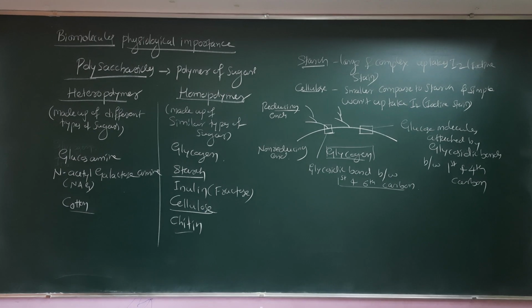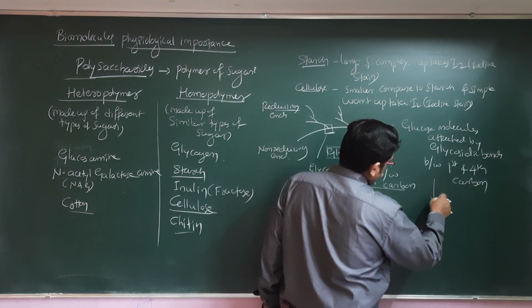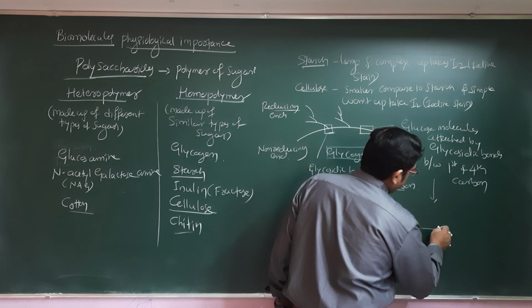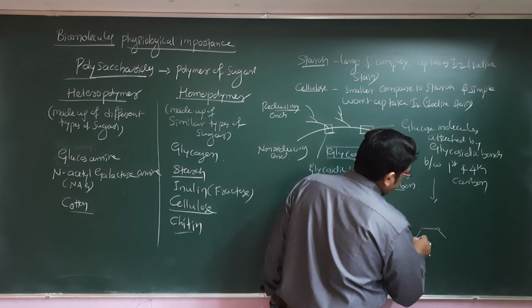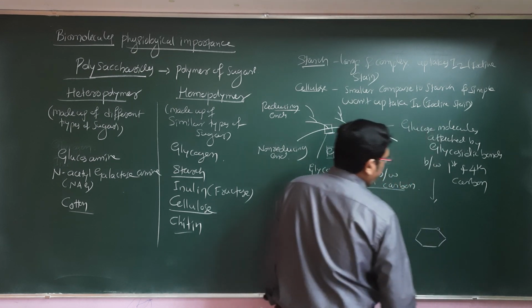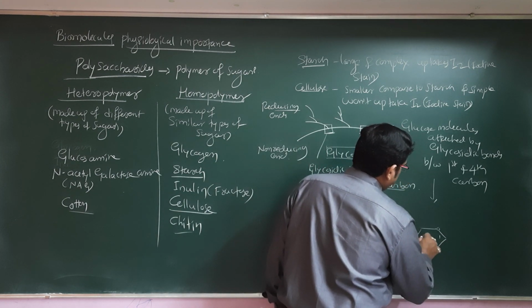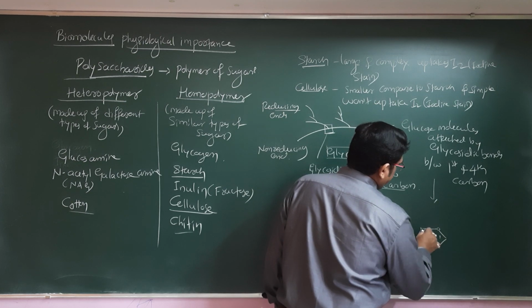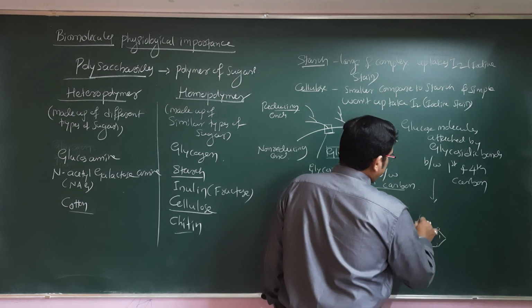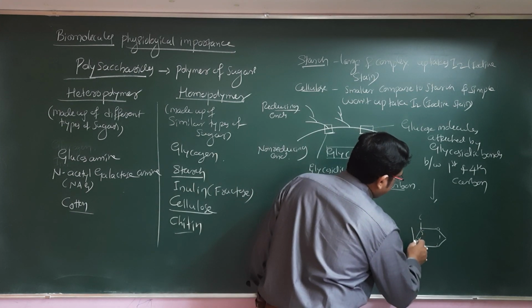When we are discussing this, definitely in the exam it will come as an important question. So to show you, this is the sugar with its terminal oxygen, and here we find the first, second, third, fourth, here is the fifth carbon and the sixth carbon is here. Then what happens?